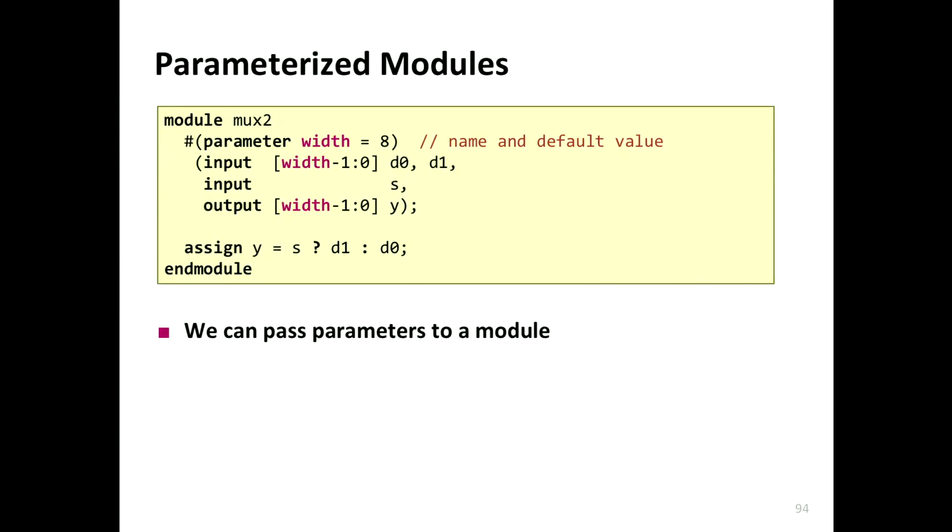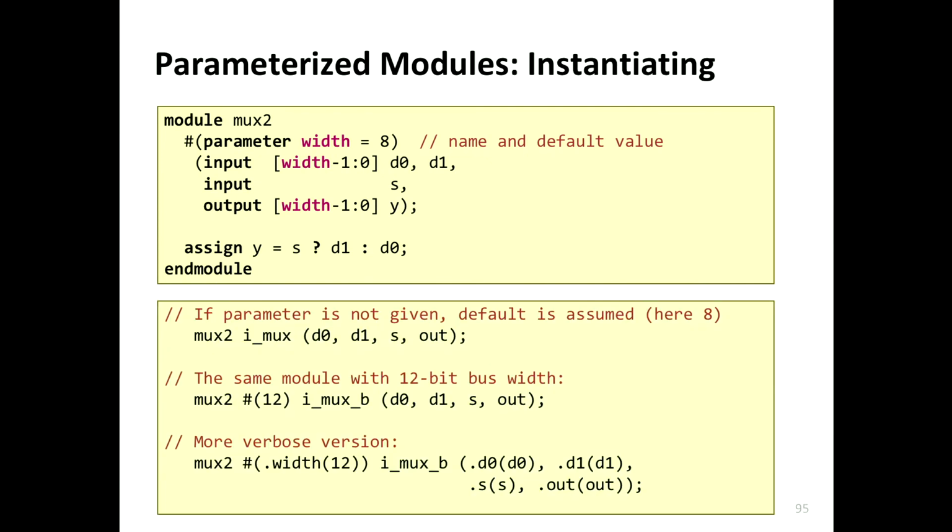You can also use parameters. For example, you can simply have parameter width equals 8. Why do you need parameters? If you decide suddenly that your inputs are no longer going to be 8 bits but 16 bits, all you need to change is width equals 16, and it's going to be reflected in the entire code. And you can pass this parameter to a module as well. Let's see how it's done.